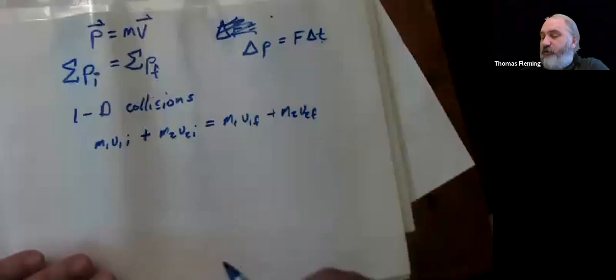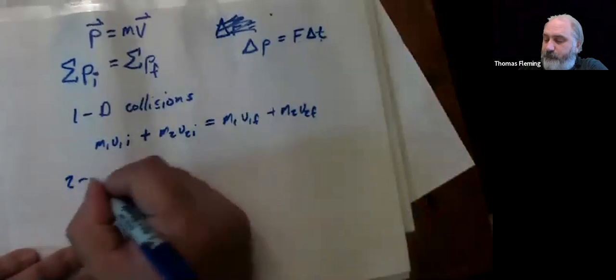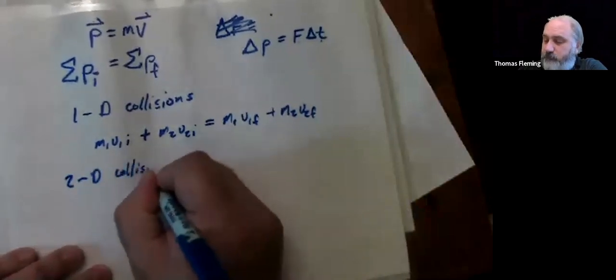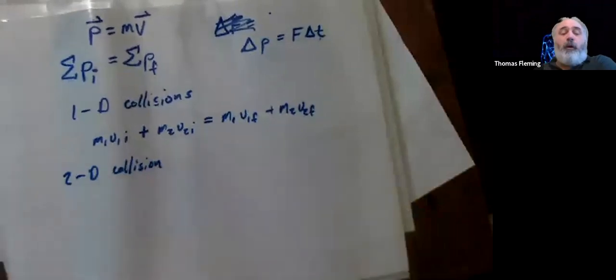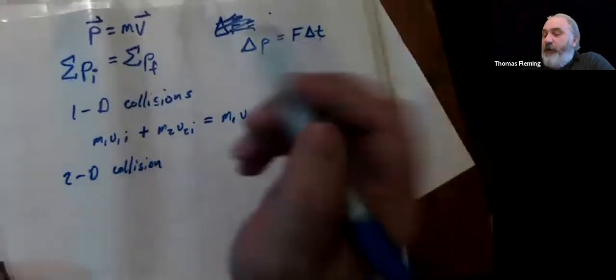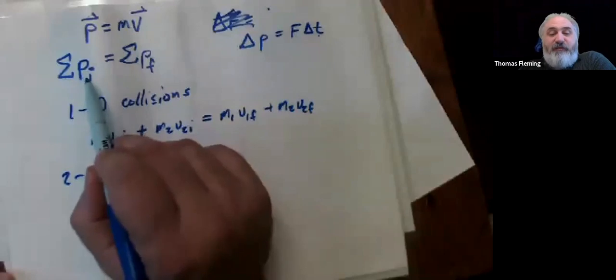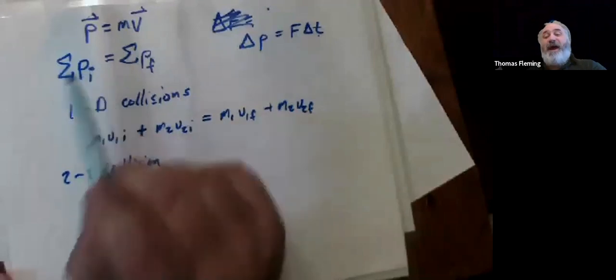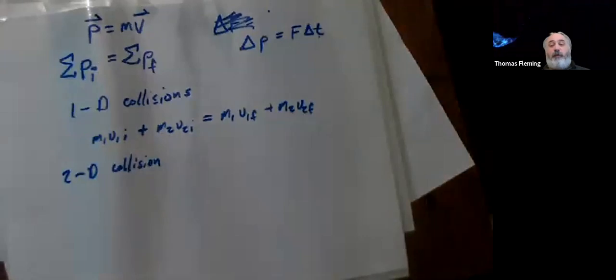Now, if I had a two-dimensional collision, well, what's going to happen is P, being a vector, is going to have components. And when you add vectors, you add them component-wise. In other words, the x component of one vector adds to the x component of the other vector, and the y components add to the y components.